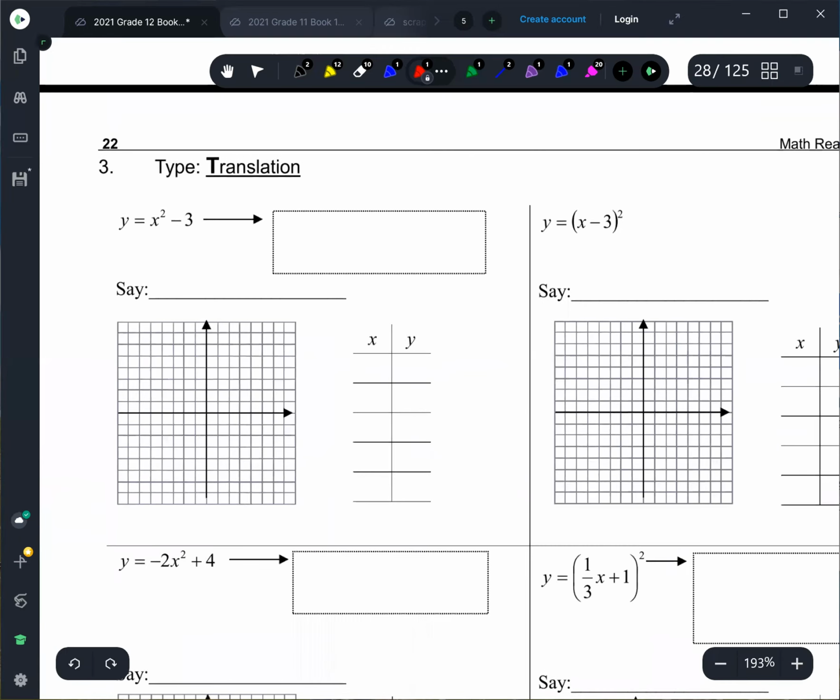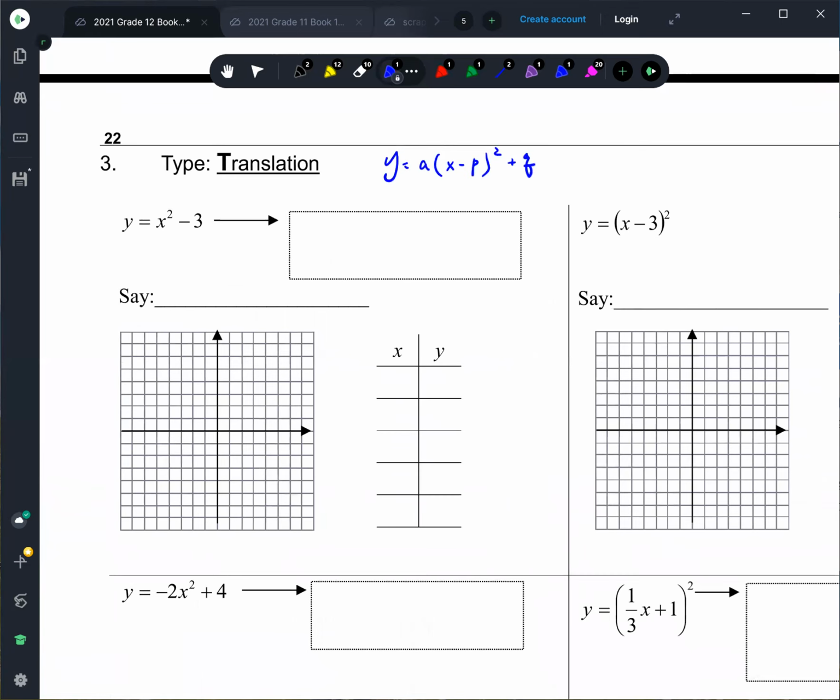So if you look at the vertex form, if you remember, and you compare the question that we are looking at right now, y equals x squared minus 3, with this vertex form, can you tell me where is the vertex?